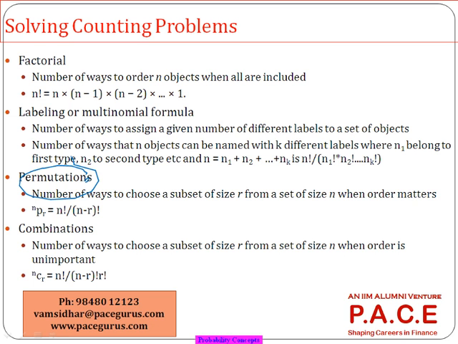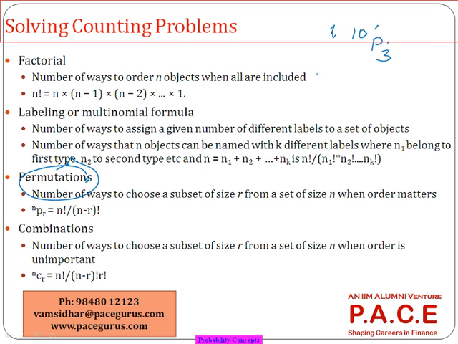So out of 10 items, if I have to select 3 of them, but the order is important, which one is first, which one is second, which one is third, the order of picking is also important, then the number of ways in which I can do that is what we call a permutation.